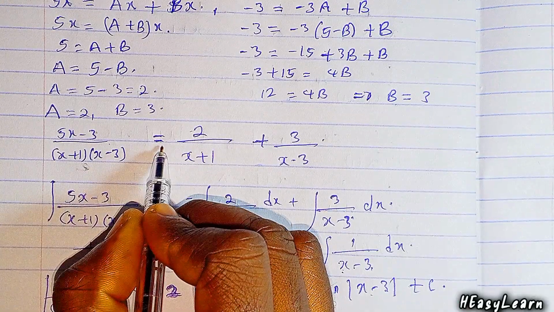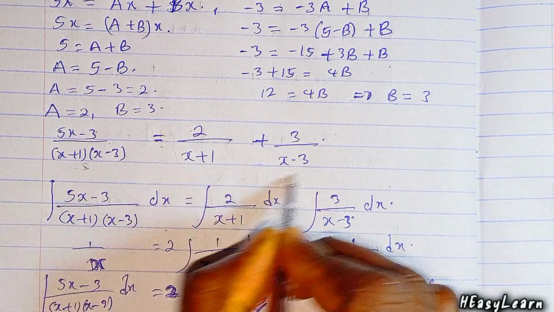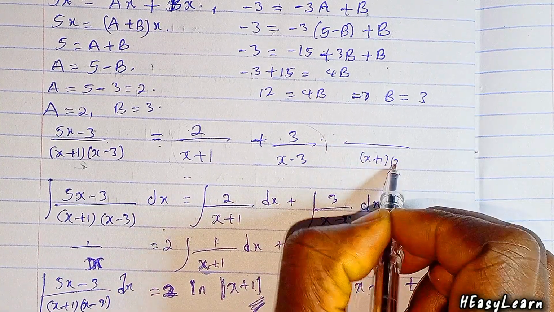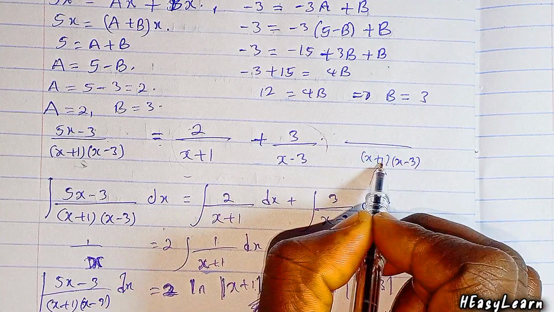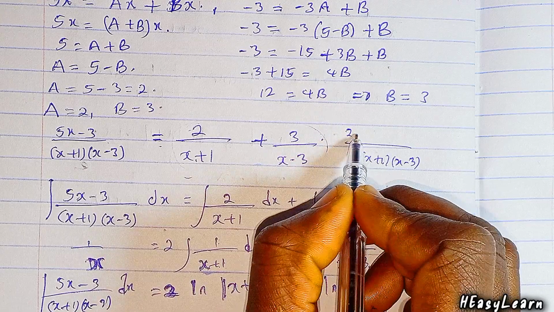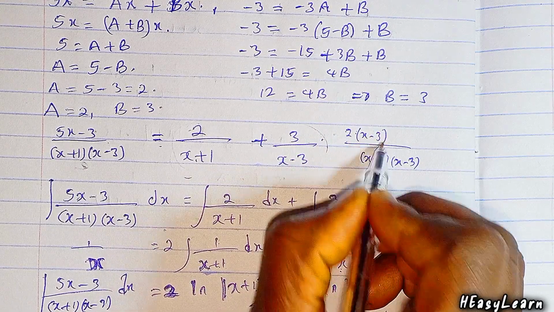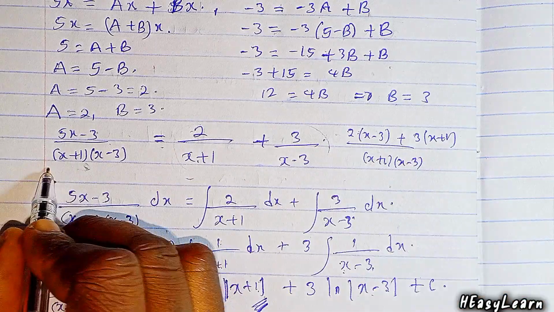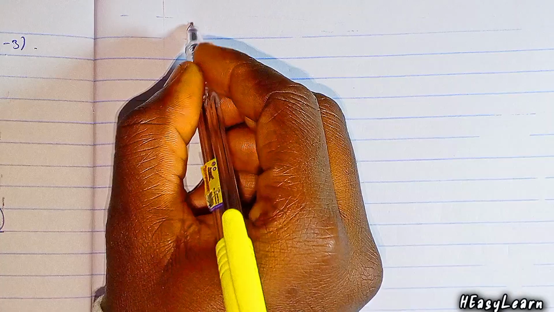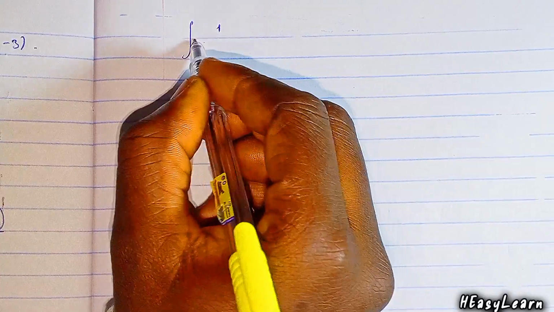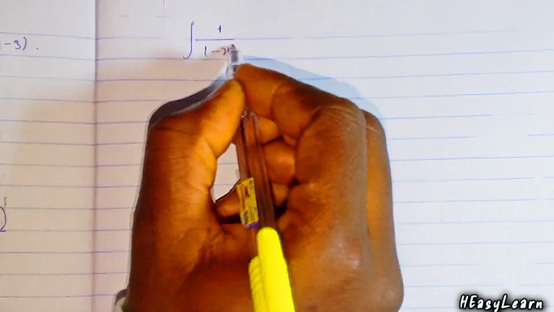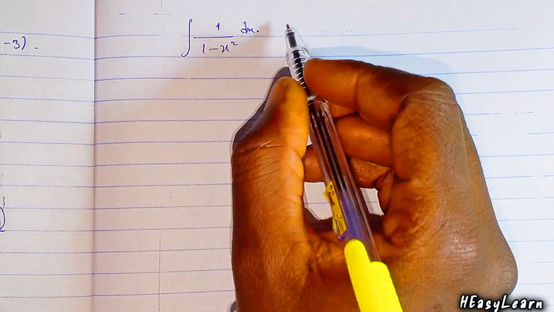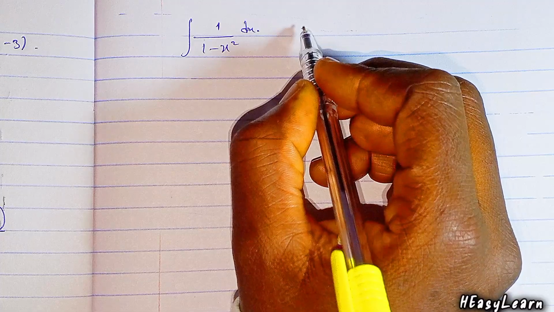So from the previous example, we checked that when we find the LCM as (x plus 1)(x minus 3), and 2(x minus 3) plus 3(x plus 1), it is going to give us this fraction. To find the integral of 1 over 1 minus x squared dx, first check if you want to use partial fraction, check the condition of partial fraction.